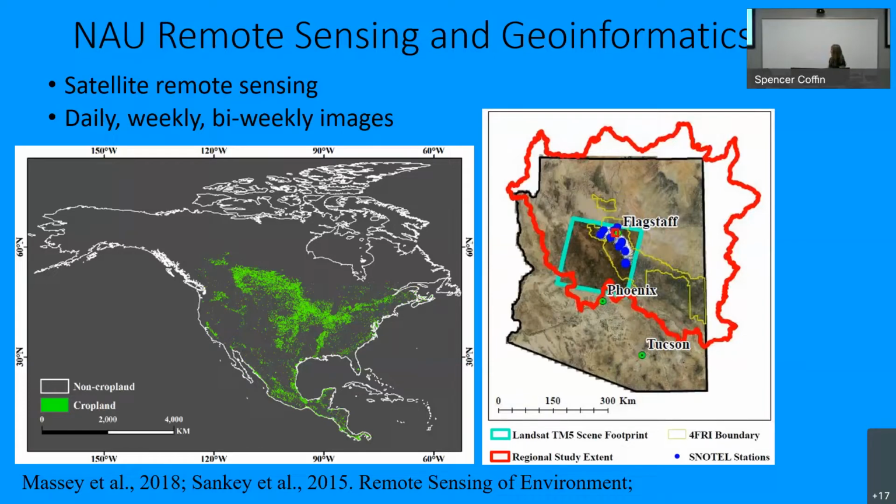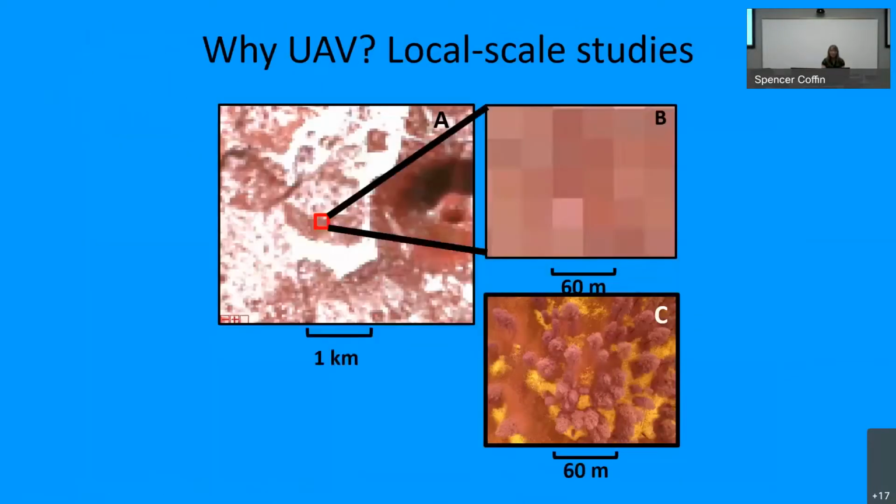And we use that a lot for all different kinds of remote sensing applications at a continental scale or at a regional scale across Arizona or across the Western US, things like that. But of course, today I'm not going to be talking about that. I'm mostly going to be talking about UAVs.